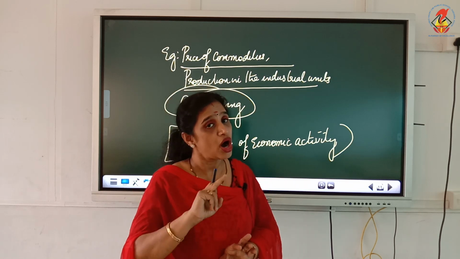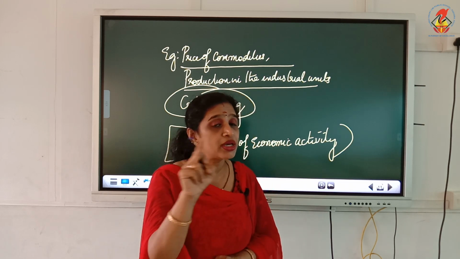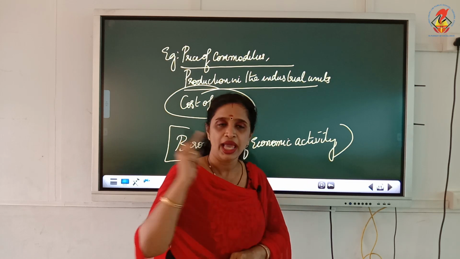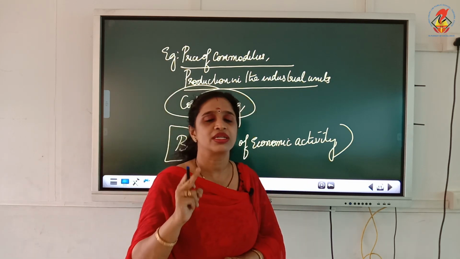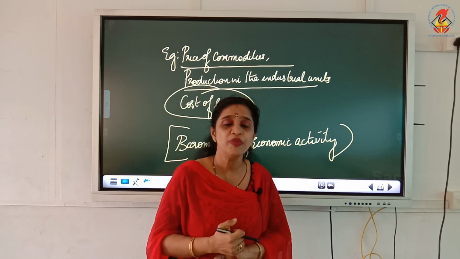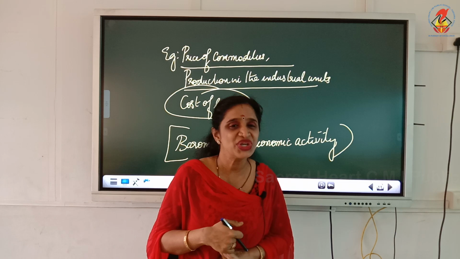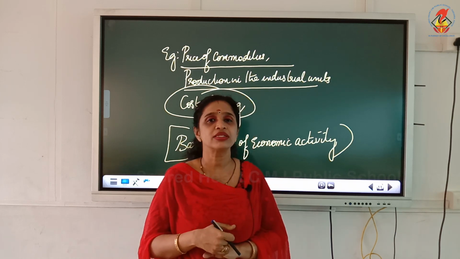So to know how far the cost of living has increased, definitely we need to make a comparative study between the prices of commodities in the base year as well as in the current year, isn't it? So index numbers are the statistical device which helps us to measure the changes in the magnitude of such related variables. So this is all about the meaning of index numbers.